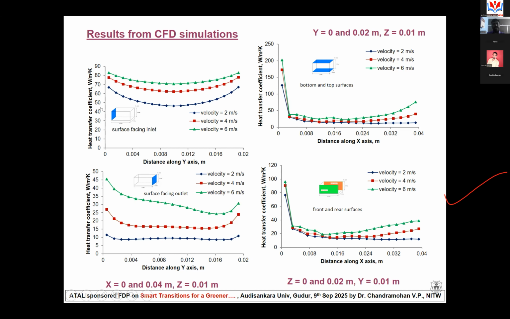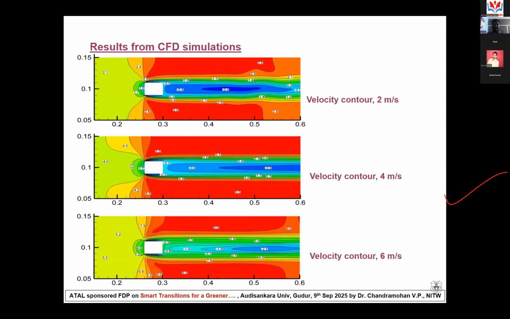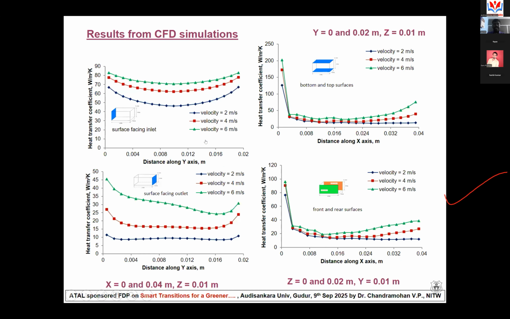So comparatively, the surface facing outlet values are less. Already we have seen the air velocity is almost a negative value behind the product, so it is reflected in the heat transfer coefficient also.